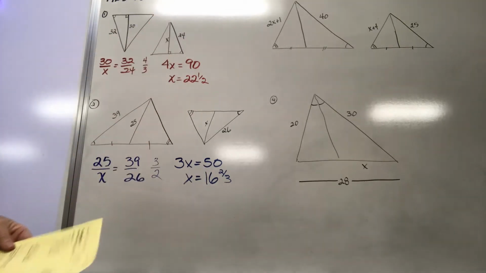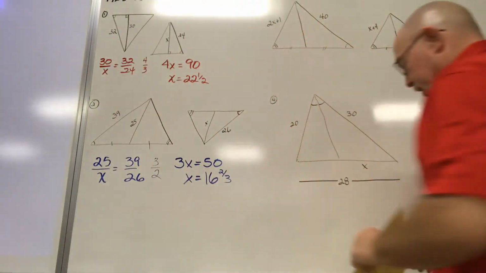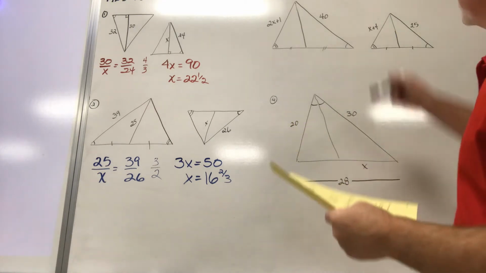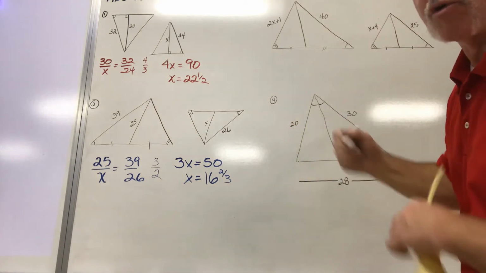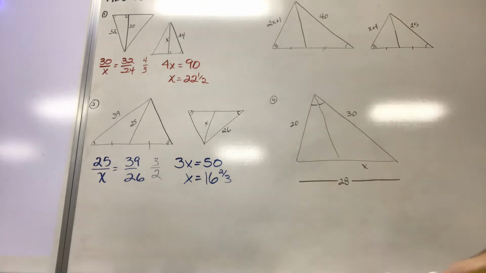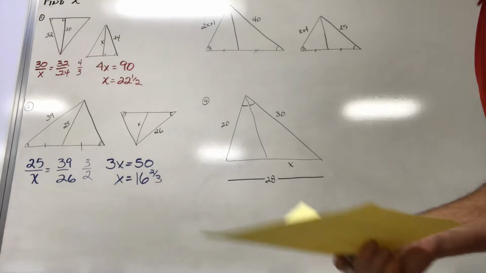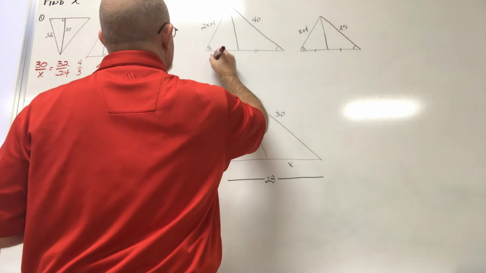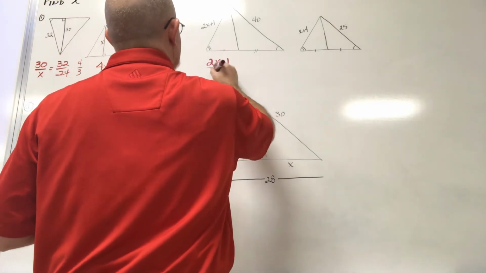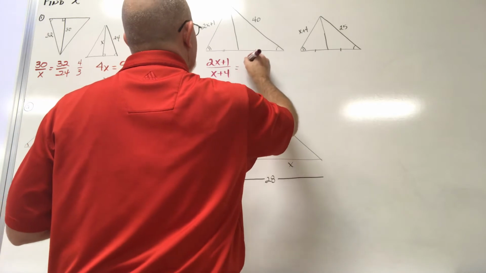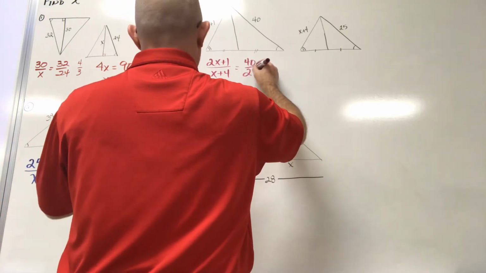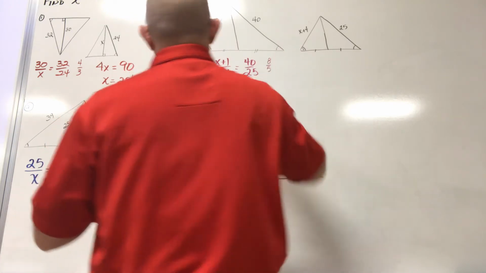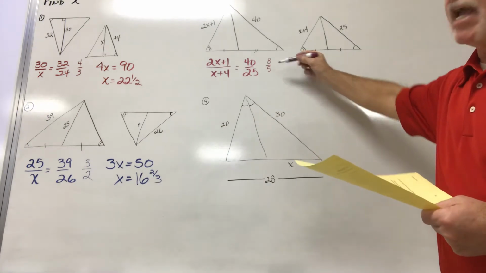Okay, for our next one, once again a median and 2 similar triangles again. Pretty easy to deal with here. On this one I just said 40 over 25, because that's also going to be easy to simplify. Let me bring you along here. Okay, so we'll do it that way. Okay, and that simplifies to 8 over 5.